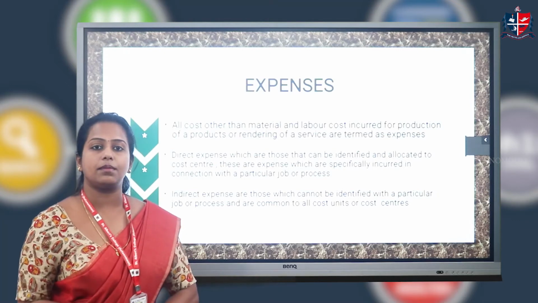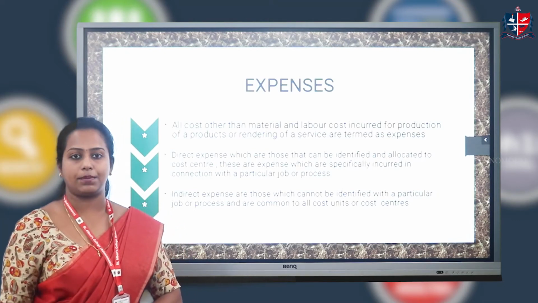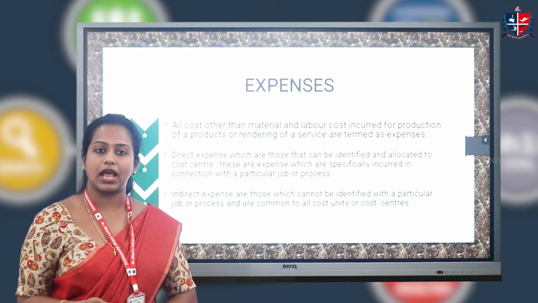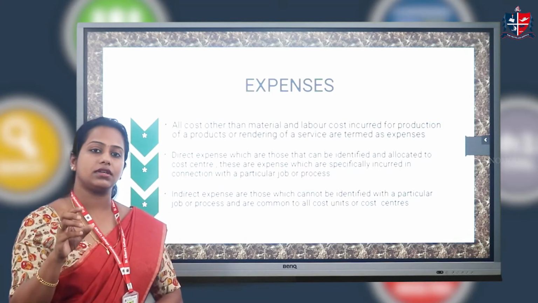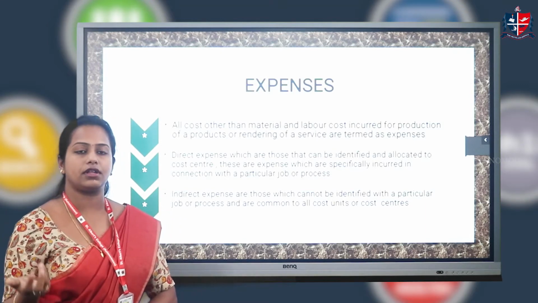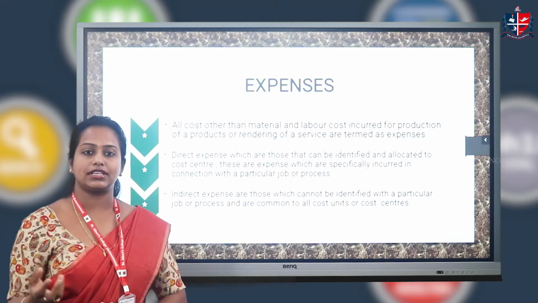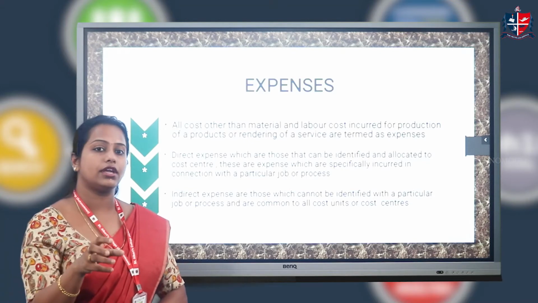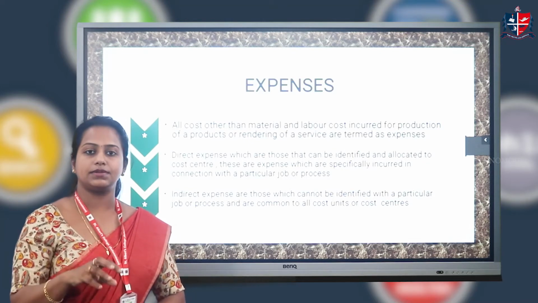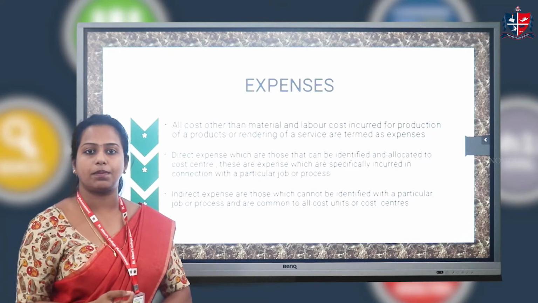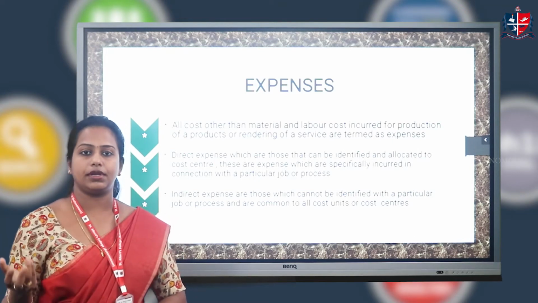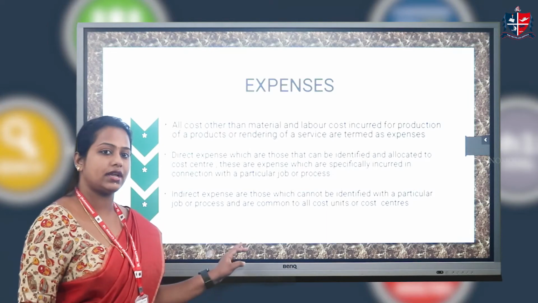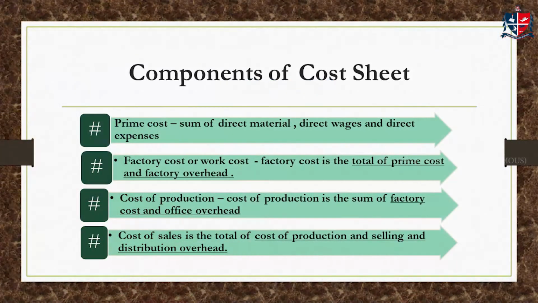Many manufacturing and different activities are happening. So the electricity or light expense cannot be directly allocated to a particular product. It is incurred for the different departments. That is called indirect expenses.